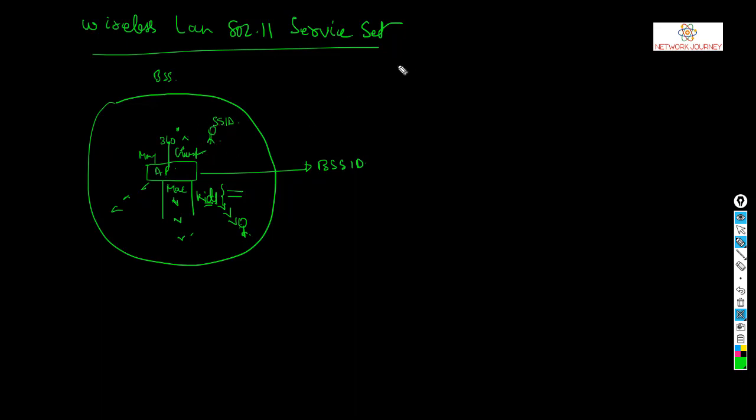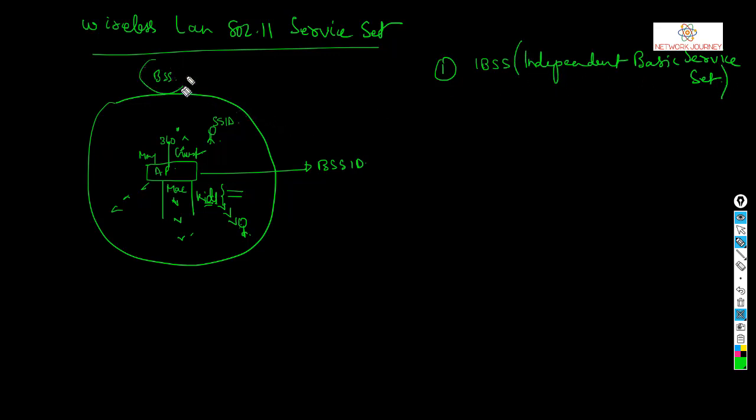So today I'm going to describe the different service sets from the point of where the access point is placed, the usage of the access point. The first one here is called IBSS, which refers to independent basic service set.